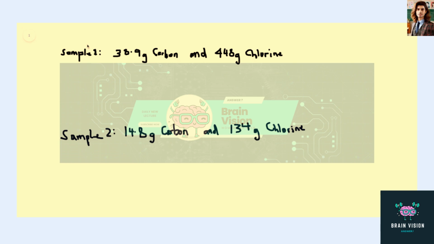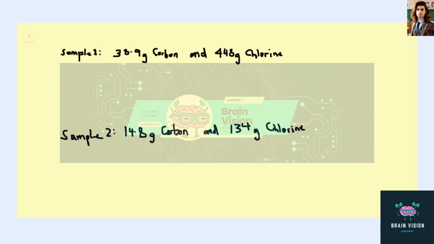All right, so we're going to be solving number 49 of Tro's Chemistry, Structure and Properties, second edition textbook. In this particular question, we've been given two samples and asked if these two samples obey the law of definite proportions.